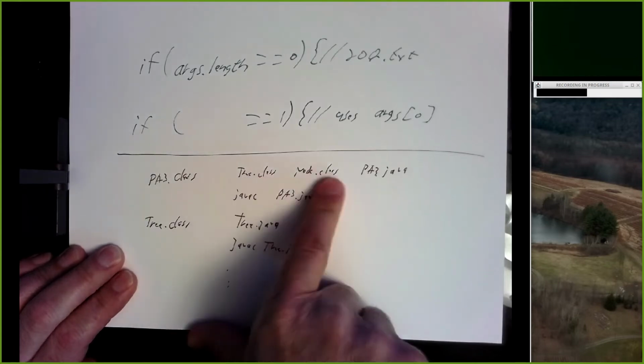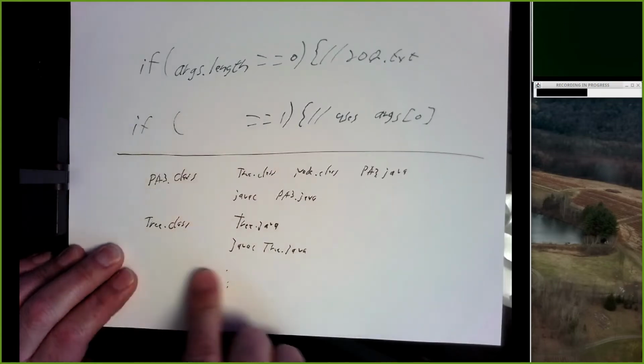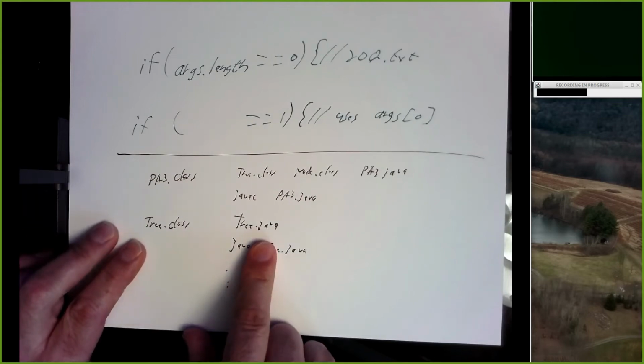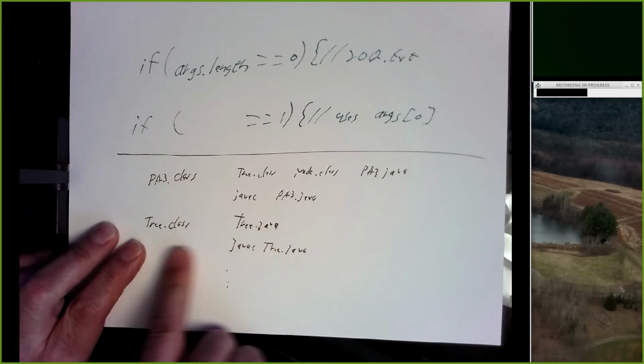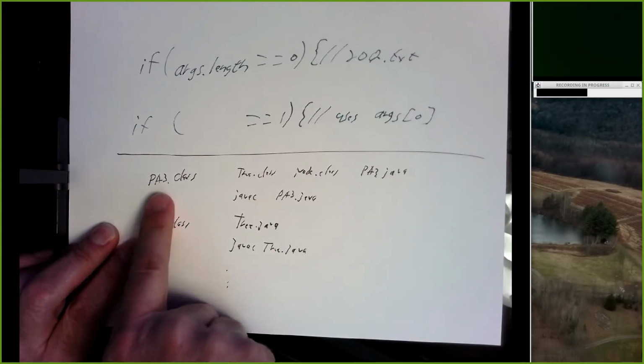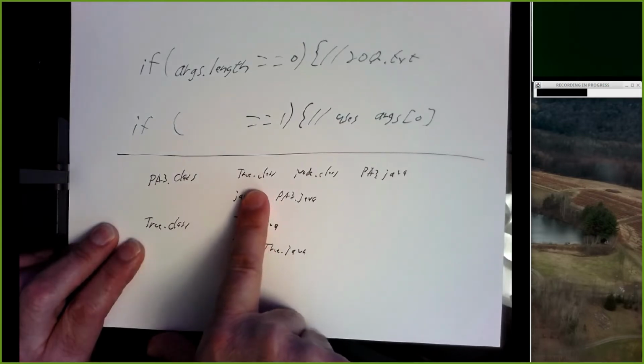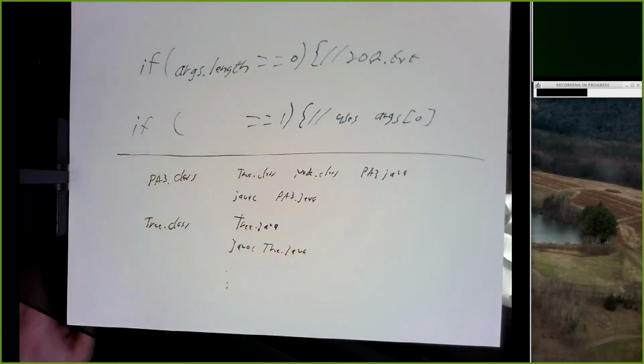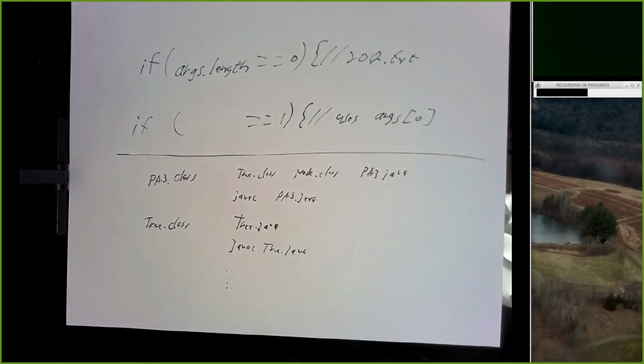The reason I have these class files up here is because if I change tree.java, I want to force my makefile to rebuild my tree.class. And that's not going to happen unless I say pa3.class depends on tree.class. So it's kind of a backhanded way of getting our makefile to do what we want it to do. But like I say, it works.